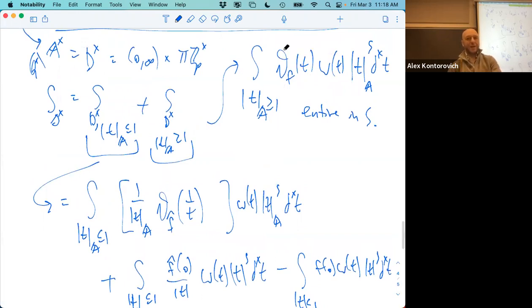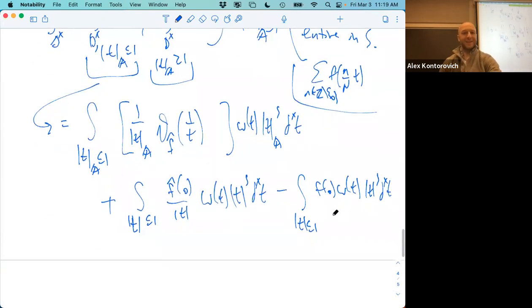Yes, so this theta function is secretly a sum of f of n over m t, with n ranging in the integers except for 0. As long as t is bounded away from 0, this has rapid decay because of the Schwartz condition at the real place.